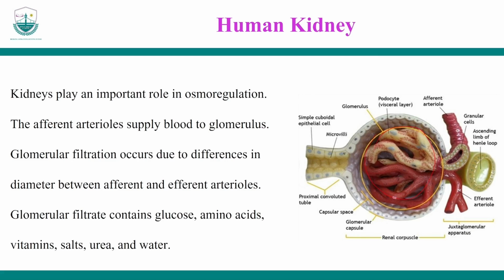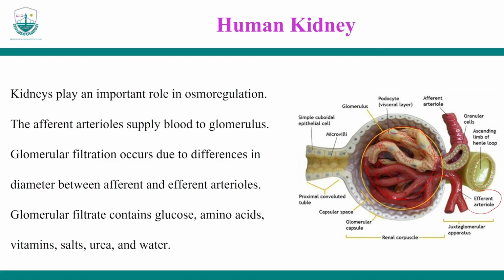This receives blood through the afferent arteriole, which has a larger diameter compared to the efferent. Because of this difference in diameter, the blood that comes in will have hydrostatic pressure.